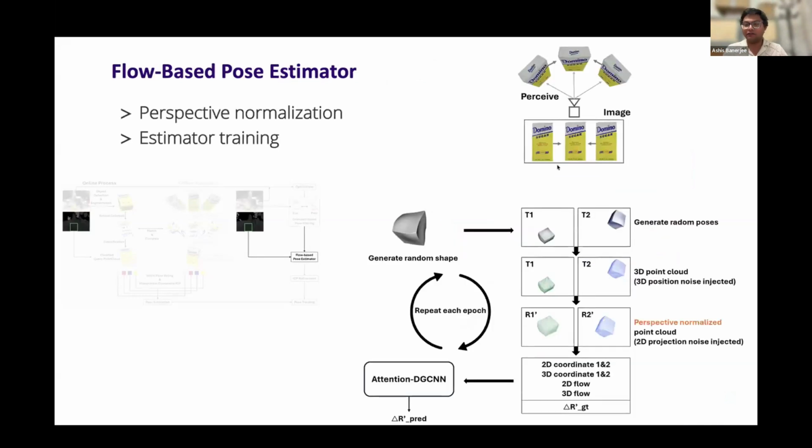So with that, finally, the last step in order to do the pose tracking is our version of the PnP algorithm. There we do use DGCNN, a graph convolutional neural network, with an attention head.